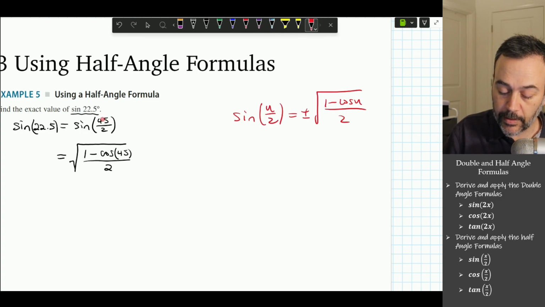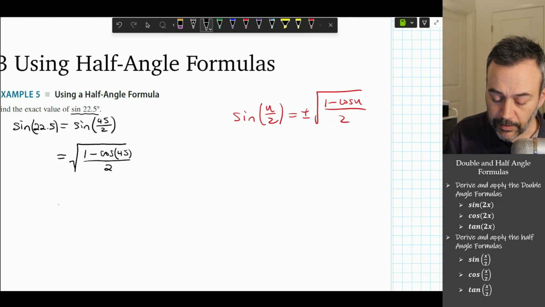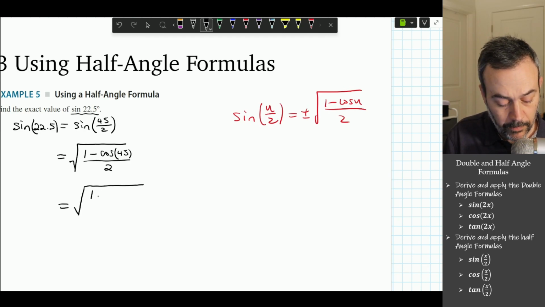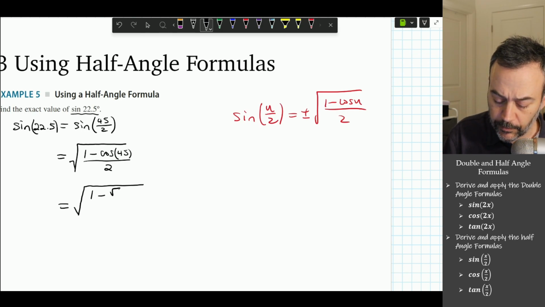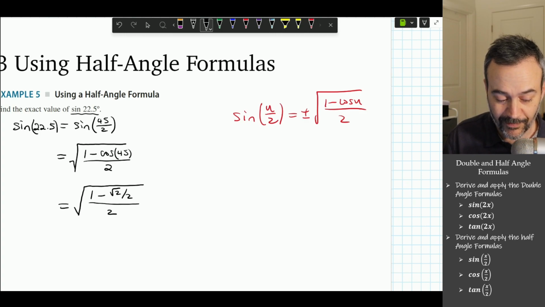Now remember, this is sine of 45 over 2, so wherever there's a u, I'm putting 45. And notice this is 1 minus cosine u, so I put 1 minus cosine 45, over 2. Cosine 45 is root 2 over 2, over 2.